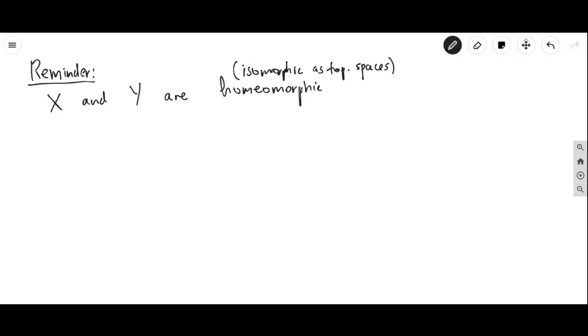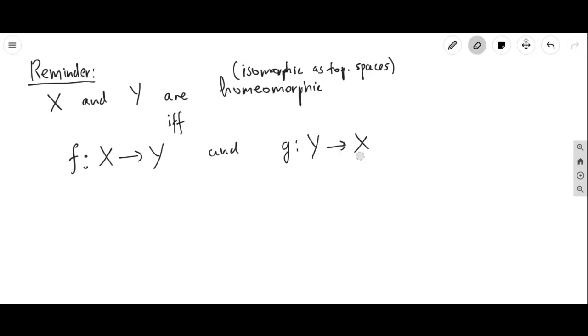So you say that x and y are homeomorphic if and only if you can find a continuous function from x to y and a continuous function from y to x. This is a little bit different from the way we've defined it before, because previously we said that there's a continuous bijection whose inverse is also continuous. But then I'm just calling g the inverse, and it's continuous. So there are continuous functions, right? When we're working in the category of topological spaces, it is always assumed that the maps, or what you call the morphisms, the allowable maps within the category, are going to be continuous functions.